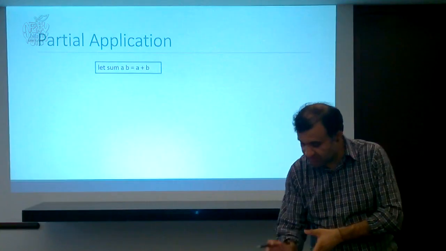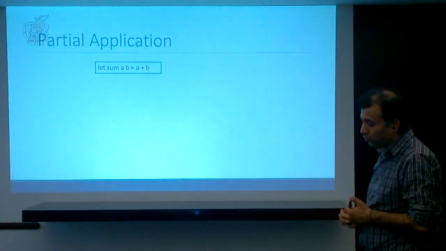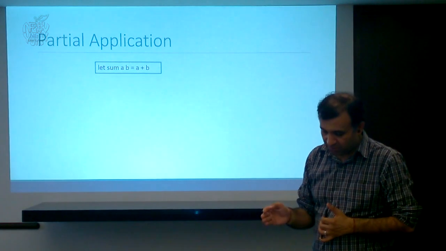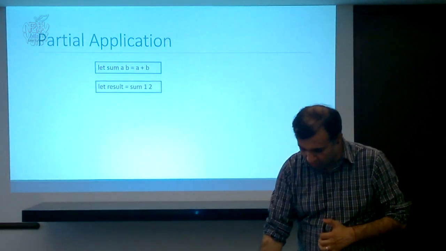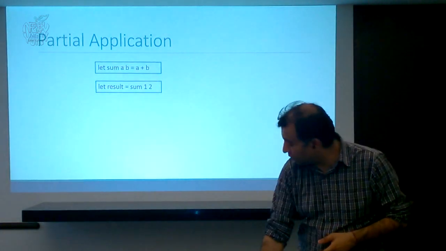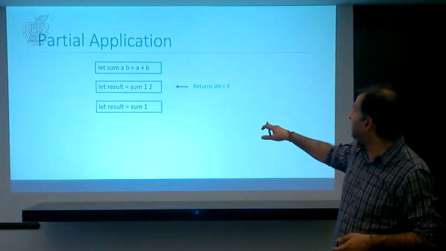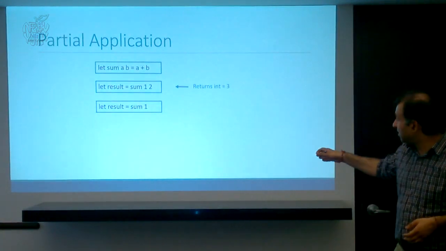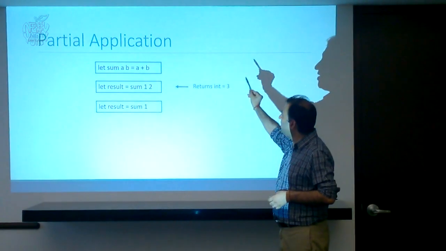Partial application. So this is again an example of higher order function, how you can combine small functions to build bigger functions. So you have, okay, sum 1, 2, which actually is equal to 3, so that doesn't get surprise. Then you have something like result = sum 1, which means, now if you remember that syntax, it takes int.